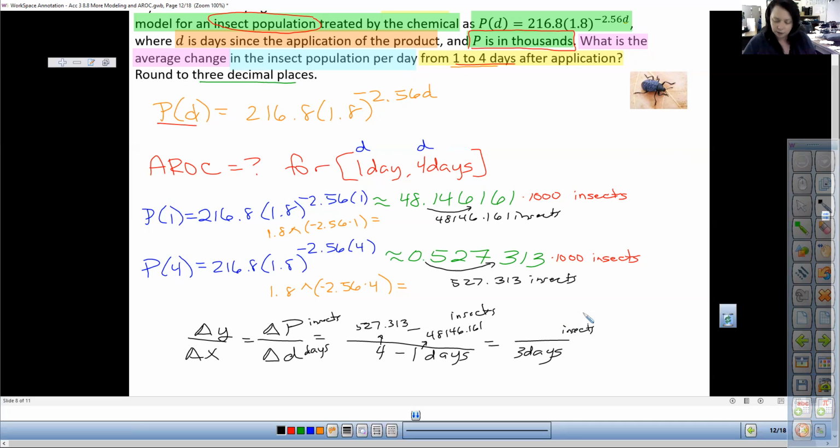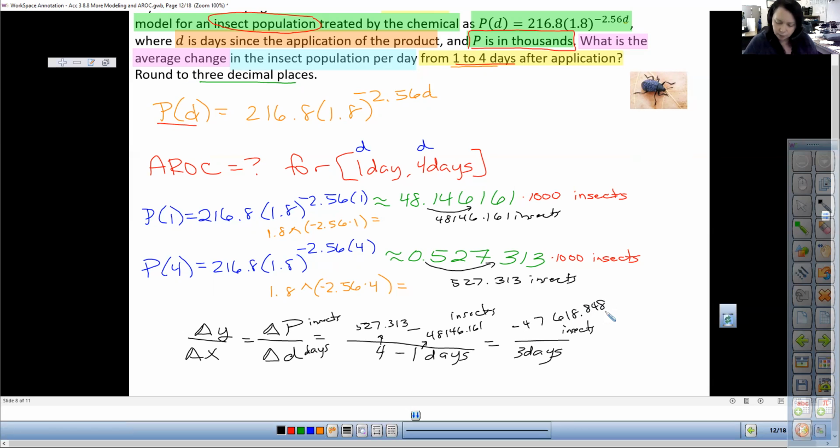So let's subtract 527.313 minus 48,146.161. We should, of course, expect this to be negative. And I get negative 47,618.848.